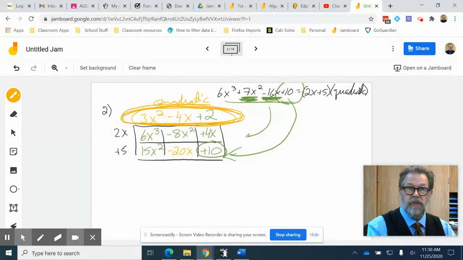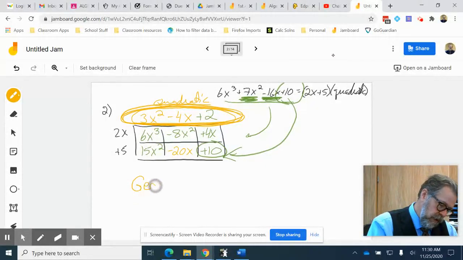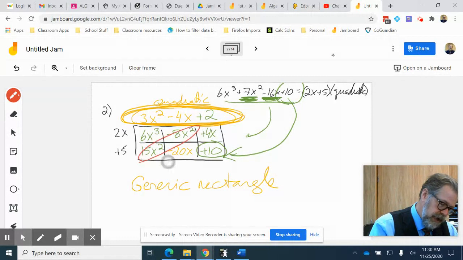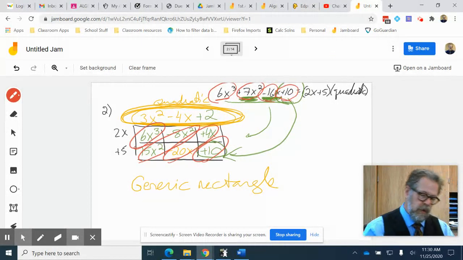There's the result of my division. This is called a generic rectangle for those of you who haven't seen it before. And the big thing to notice on the generic rectangle is that the diagonals have to add up to the quantities in the numerator of your division problem.